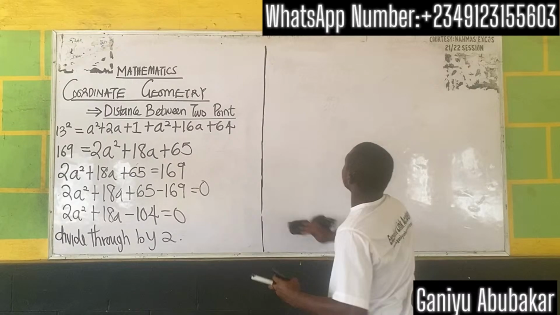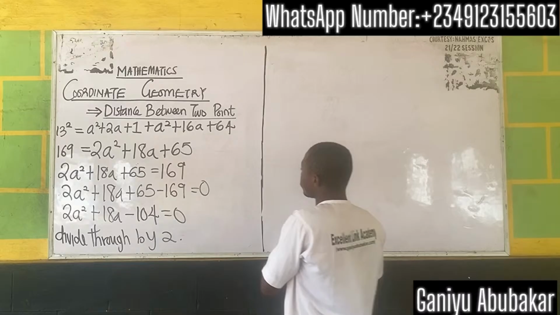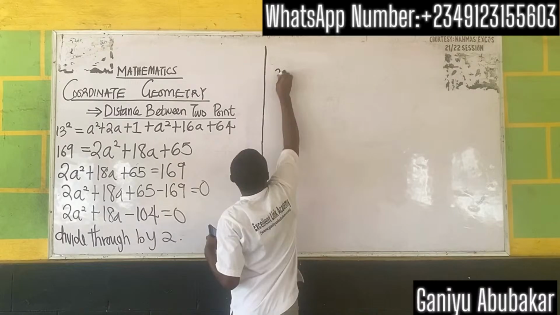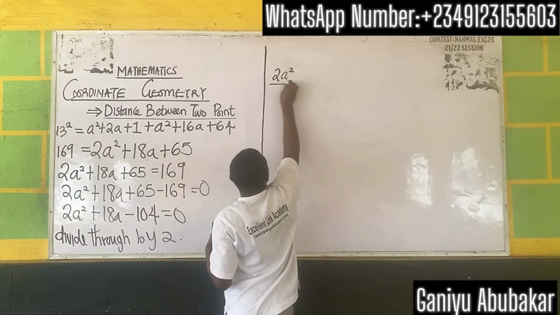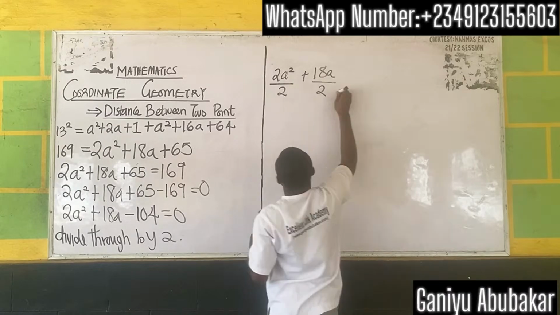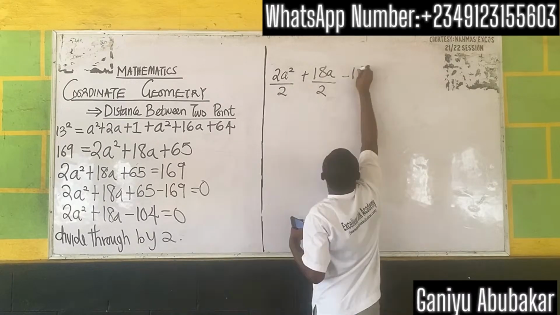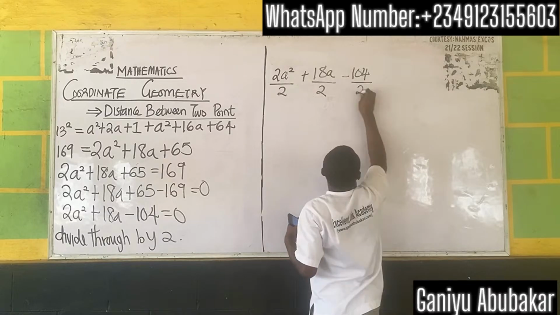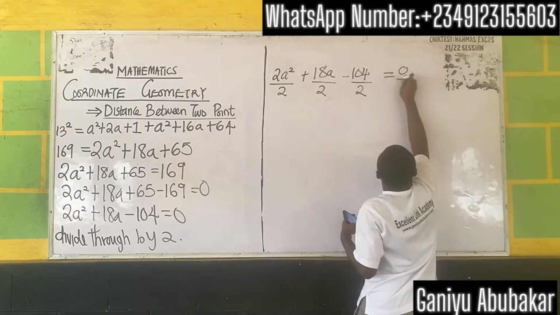That gives you 2a squared over 2 plus 18a over 2 minus 104 over 2 equals 0 over 2.